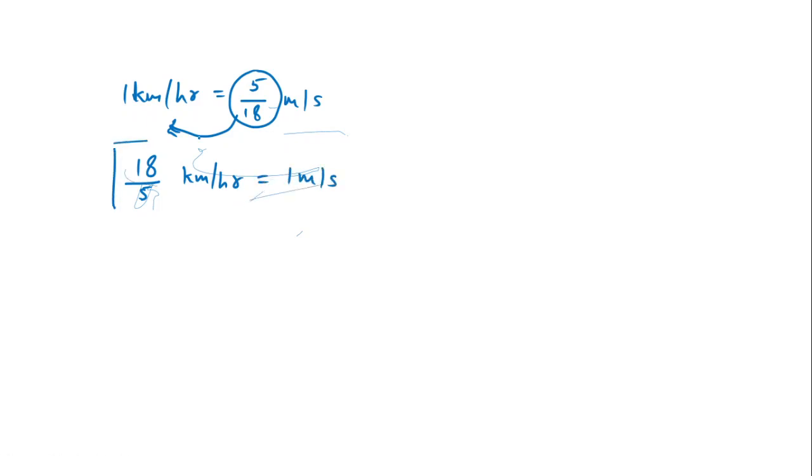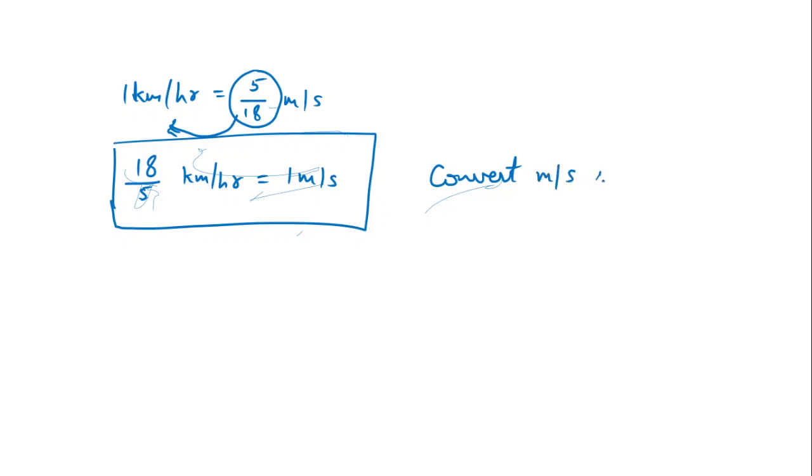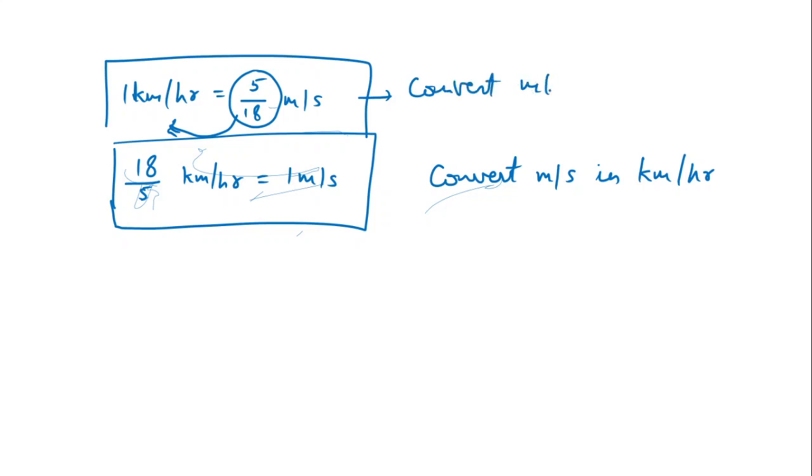So whenever we have to convert meter per second into kilometer per hour, we will multiply by 18 by 5. And if we have to convert kilometer per hour into meter per second, then we will do the opposite thing, that is 5 by 18.